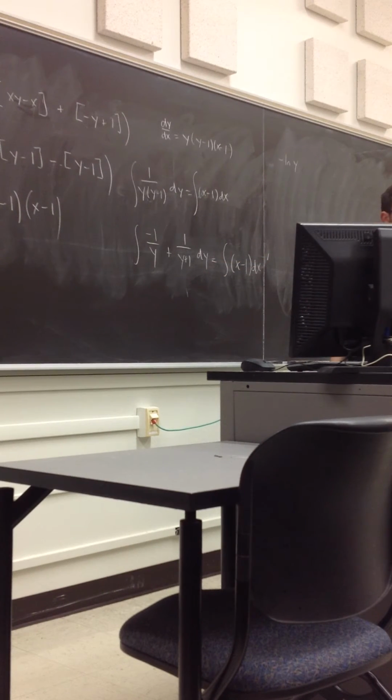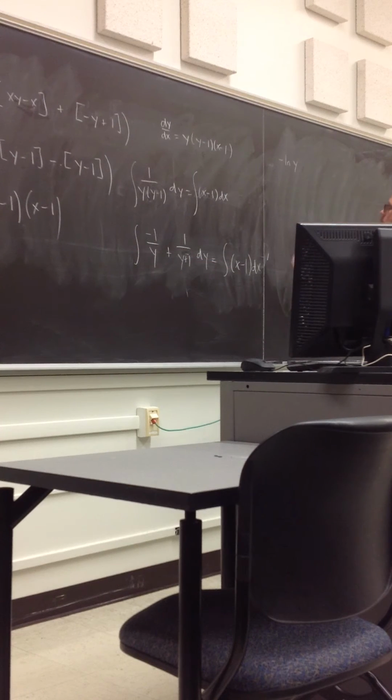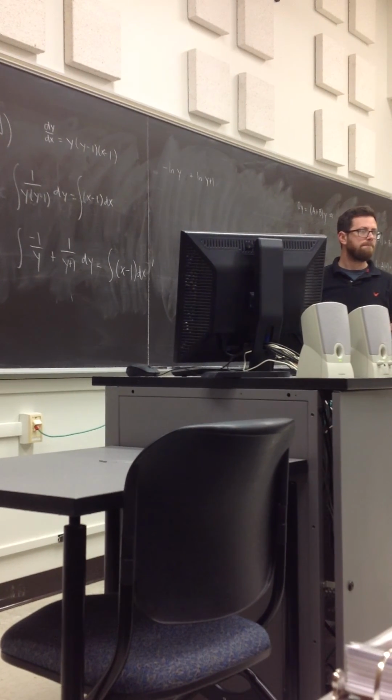Why is that? What if it were this? Is that natural log of y squared plus 1? No. Why not? I agree that it's this, but tell me why. What am I really doing to write this?